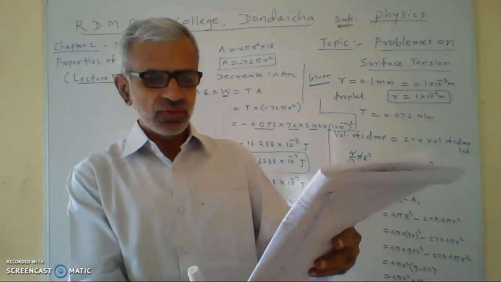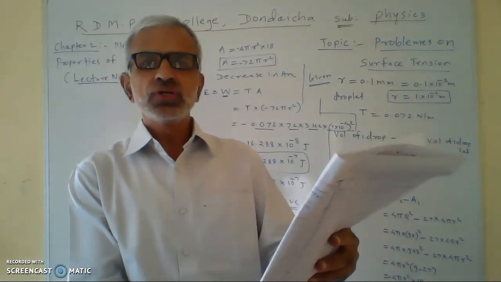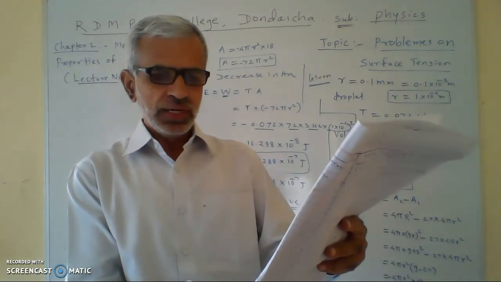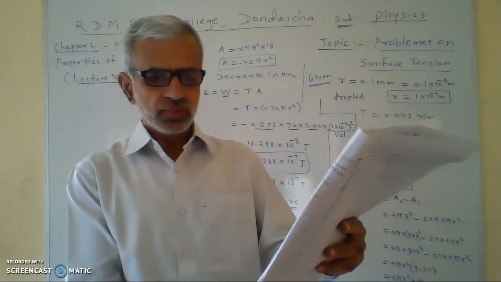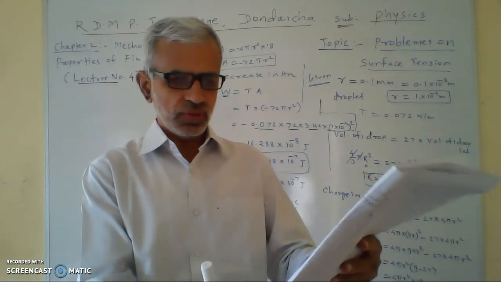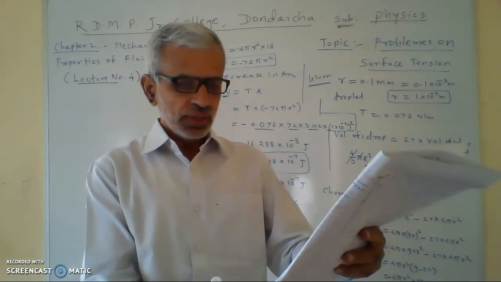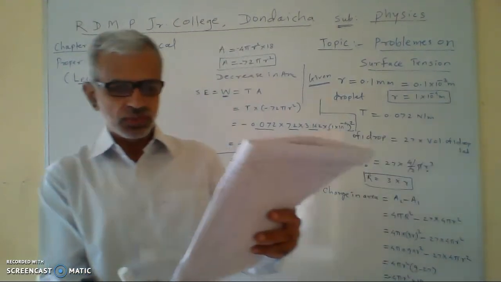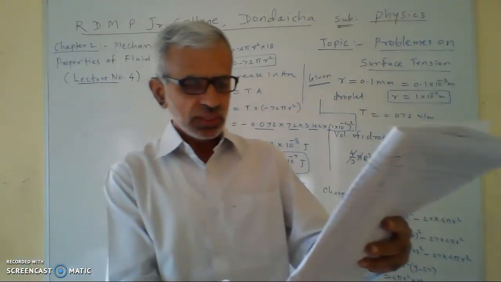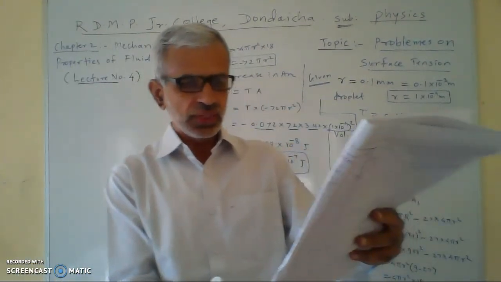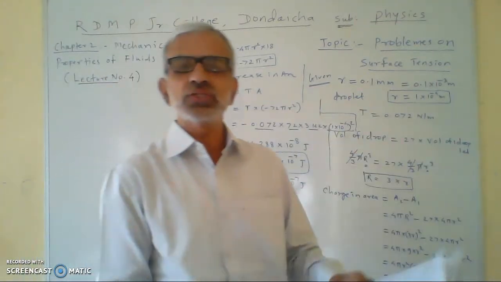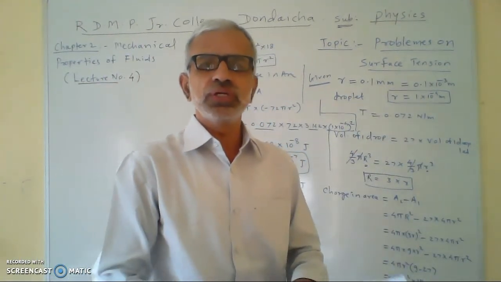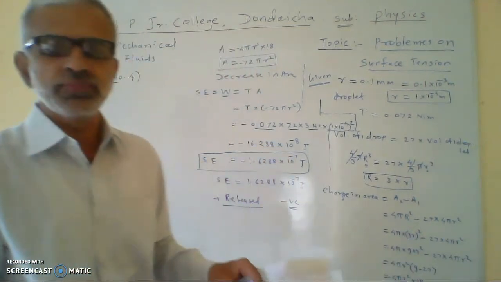If the size of the film is changed to 3 cm by 3 cm, calculate the work done in the process. We are given the surface tension of the soap solution, 3 into 10 raised to minus 2 Newton per meter. It is a short problem, we try to solve it in a short time.